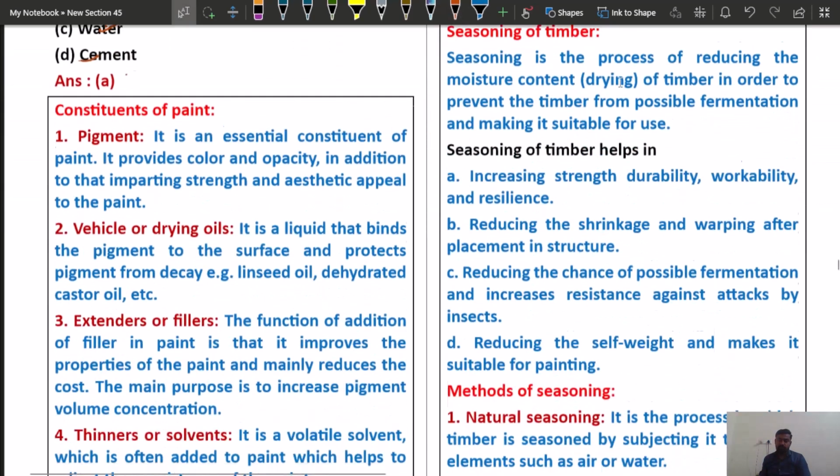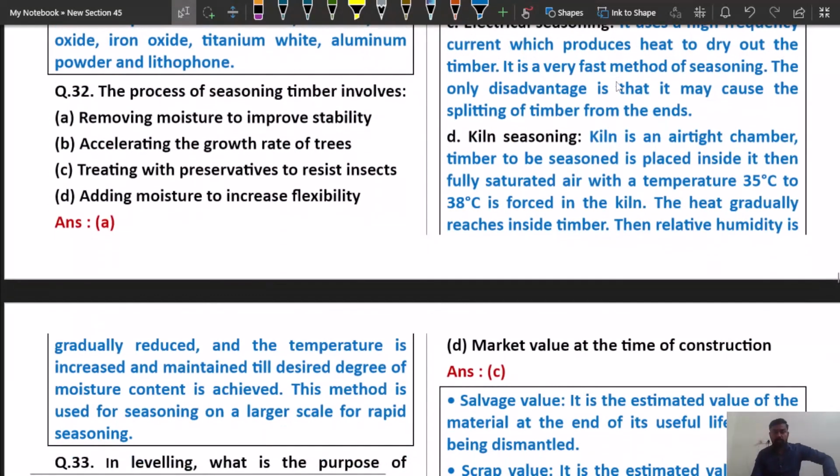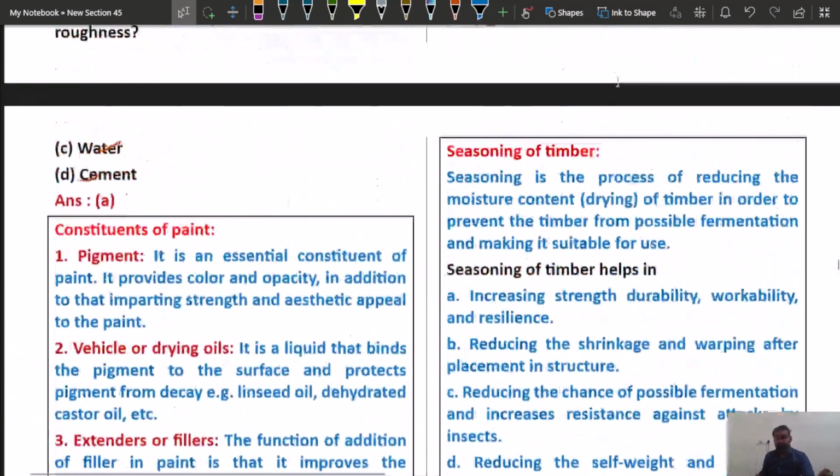Now proceeding to the next question. The process of seasoning timbers involves removing moisture to improve stability, accelerating the growth rate of trees, treating with preservatives to resist insects, or adding moisture to increase flexibility. If you are talking about seasoning of timber, what is seasoning of timber?